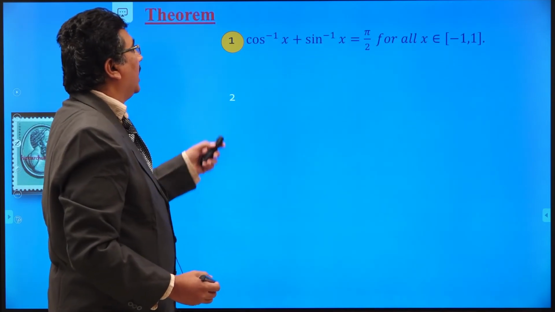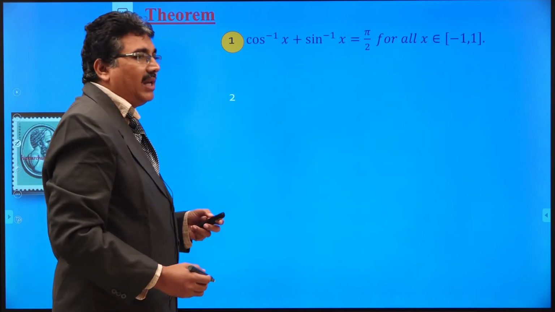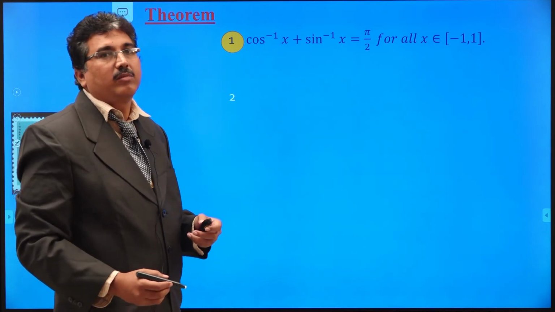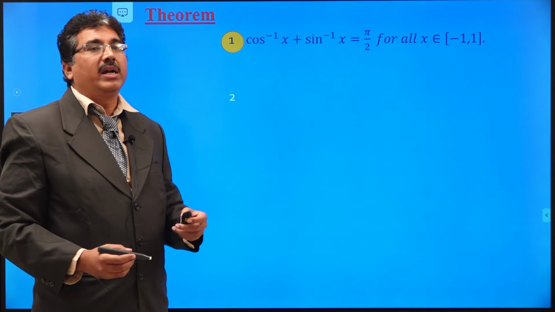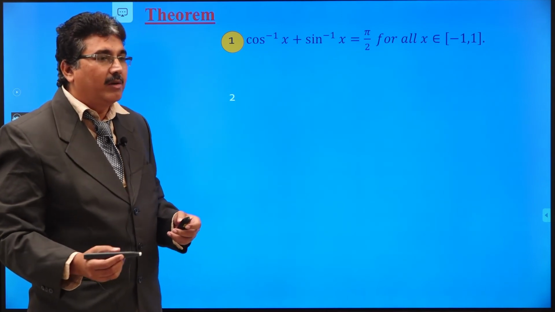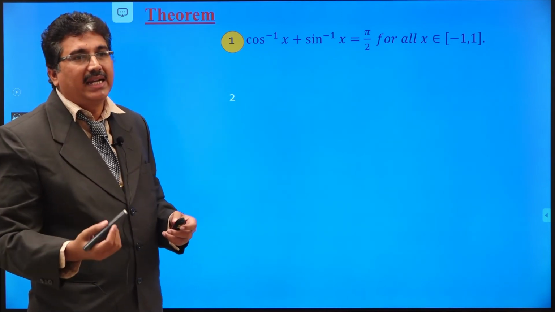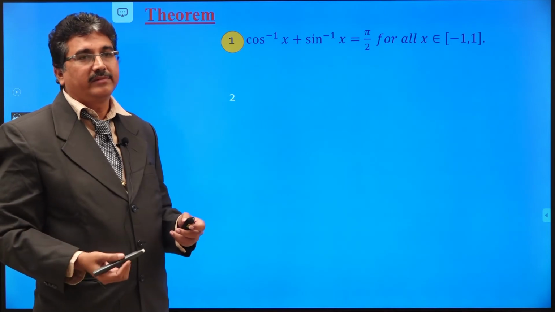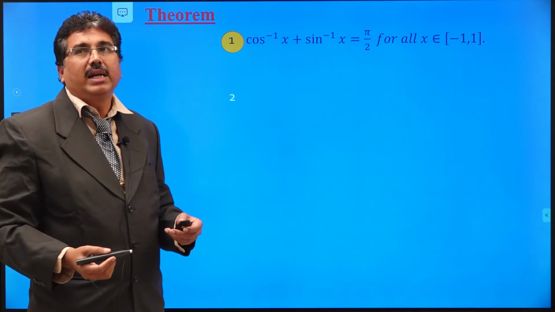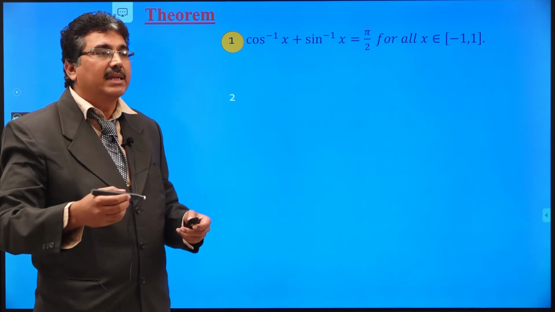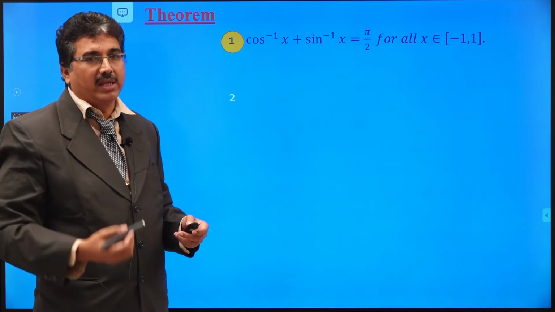What is the value of cos inverse x plus sin inverse x? In trigonometry, cos square theta plus sin square theta is equal to 1. Now, in inverse functions, what is the relation between cos inverse and sin inverse?